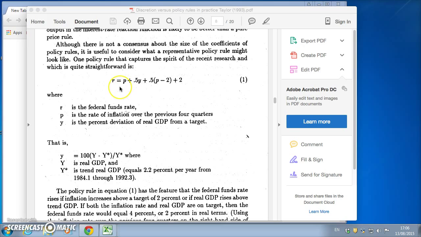posited this as being a compendium, a relationship that comprised observations on the implementation of the Fed funds rate, or the implementation of monetary policy during the early Greenspan period.